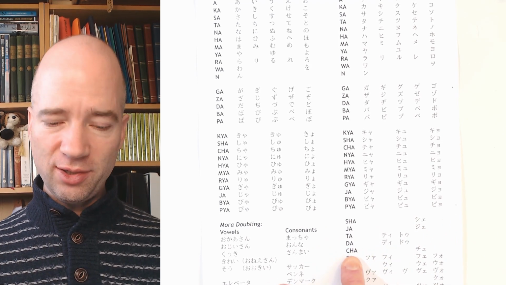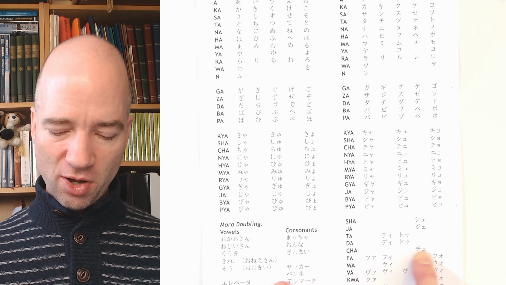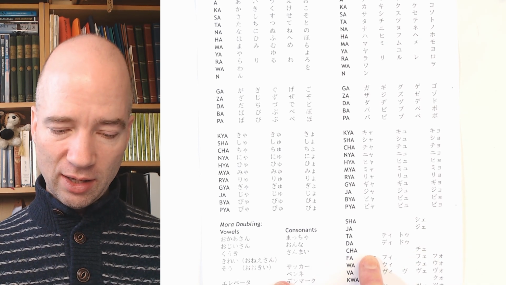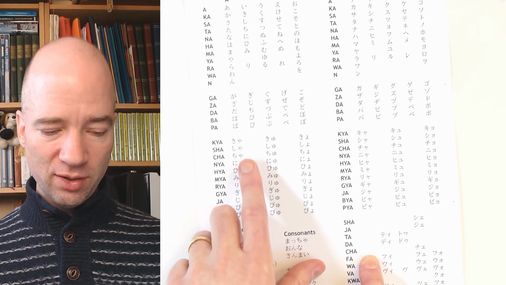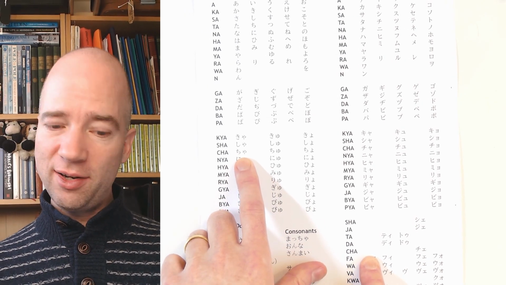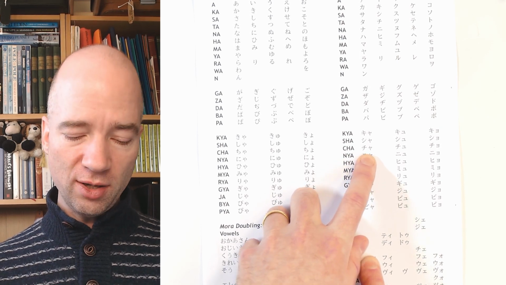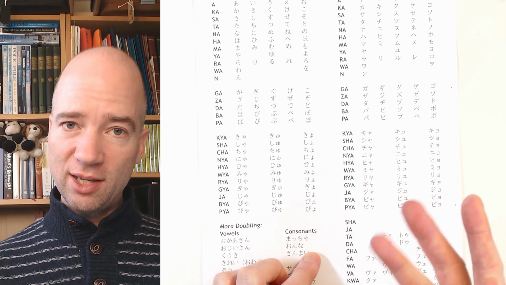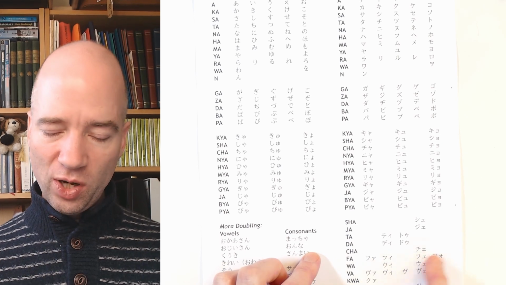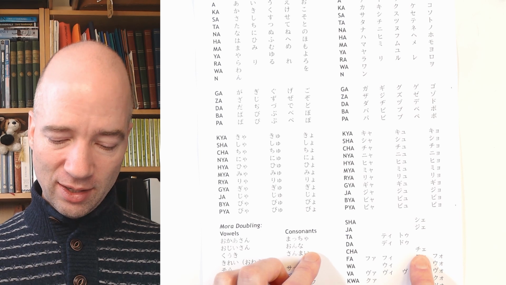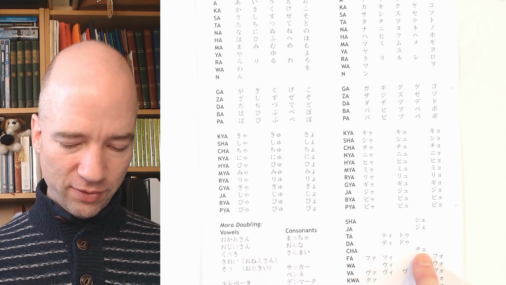The cha line needs the addition of the che, because as you know, you already have cha from the glide line here. So chi plus small ya becomes cha. Chi is already a character, so the only one missing from the vowels is the che, and that's over there.